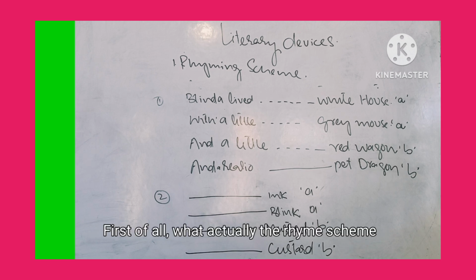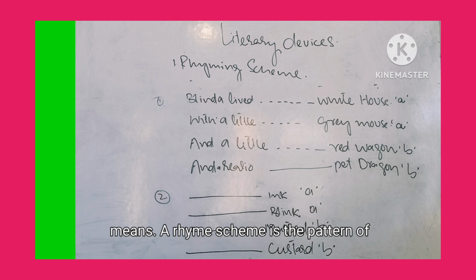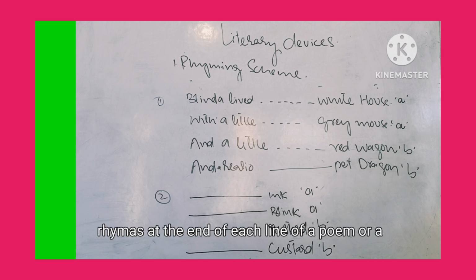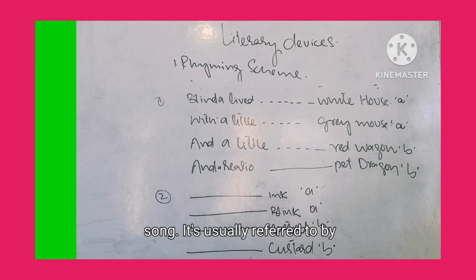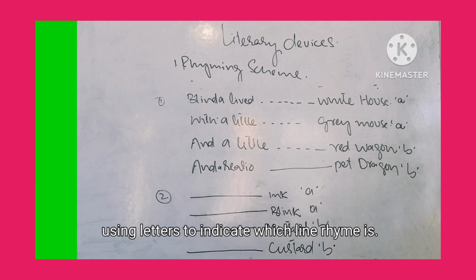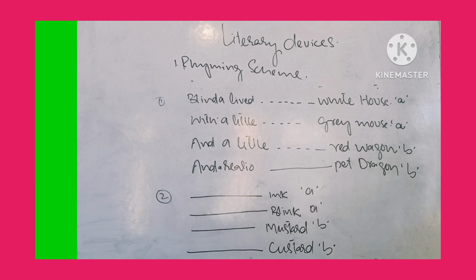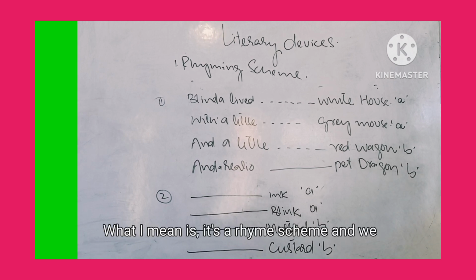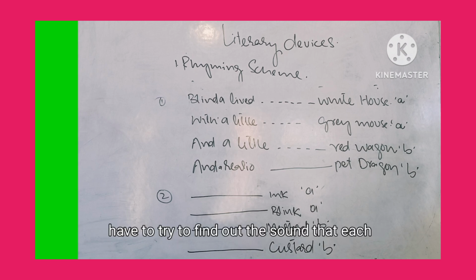A rhyme scheme is the pattern of rhymes at the end of each line of a poem or a song. It is usually referred to by using letters to indicate which lines rhyme. It means we have to try to find out the sound that each line gives at the end of a word.